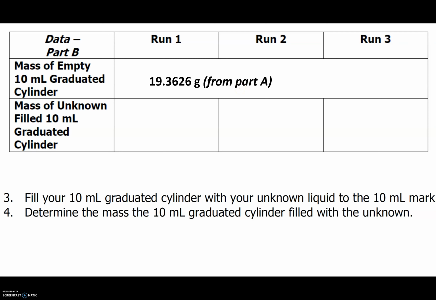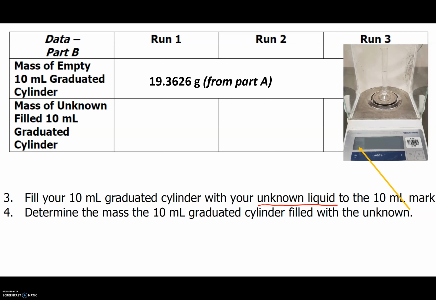The next thing you're going to do is take this graduated cylinder and fill it up with your unknown to that 10 mil mark. Once we have that filled, you take your graduated cylinder, filled with your unknown, and you weigh it out. You get the mass, and that goes there. Once we have that, we know the mass of that sample because we can take the 2 and subtract them.